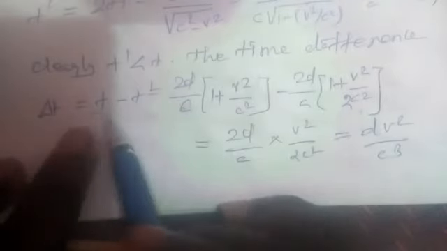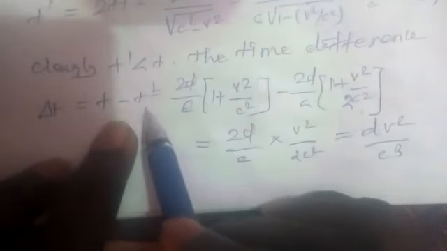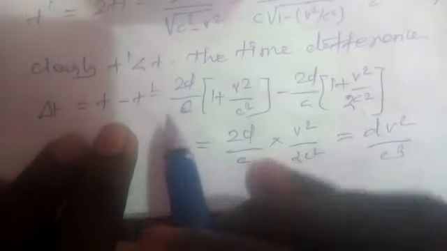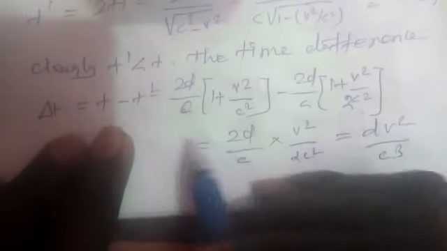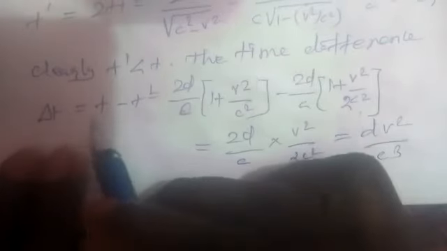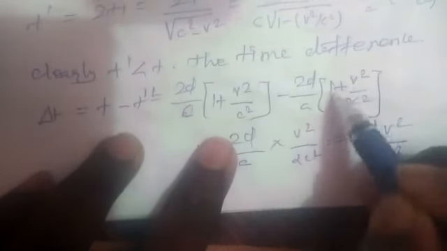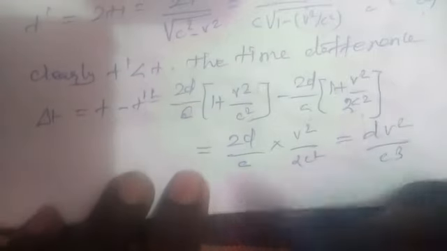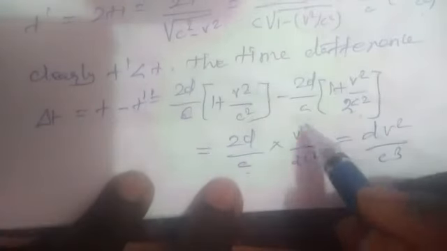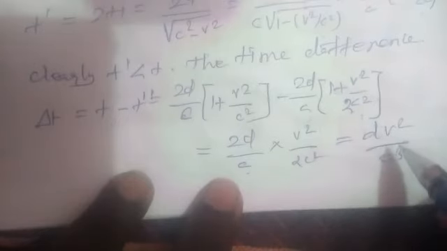So the time difference del T is equal to T minus T dash, which is 2d divided by c into v square divided by 2c square, equal to d v square divided by c cube.